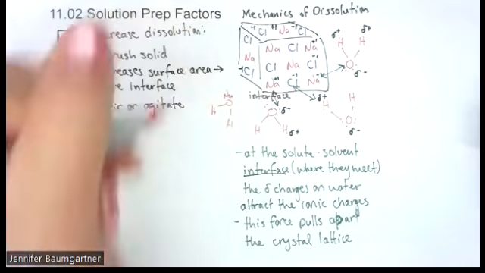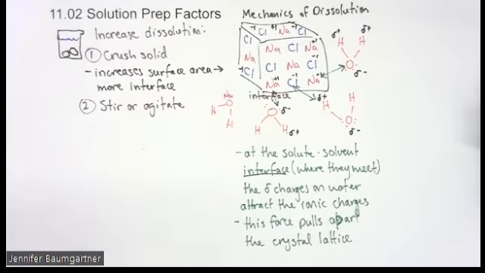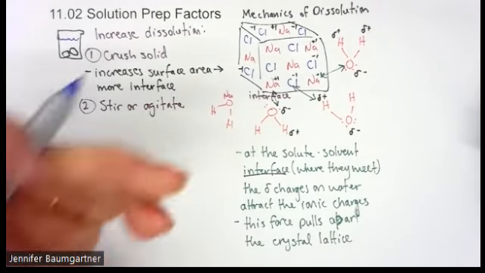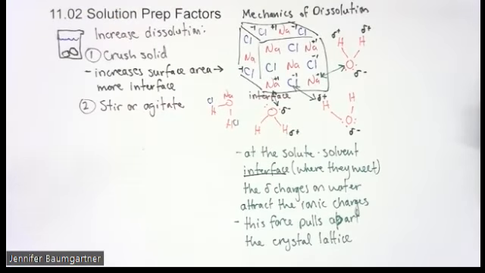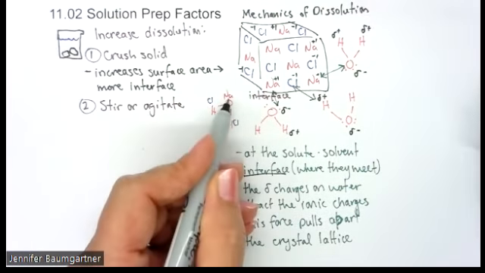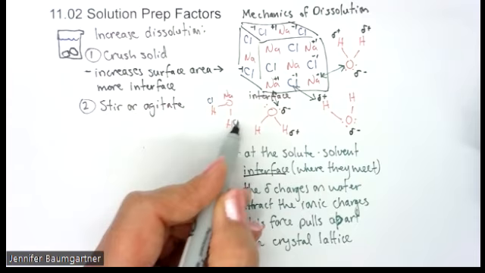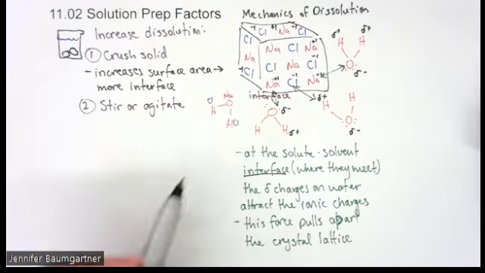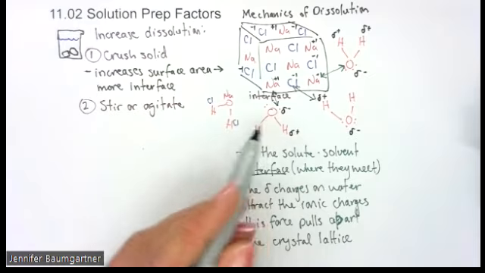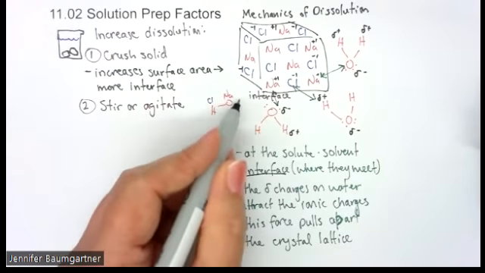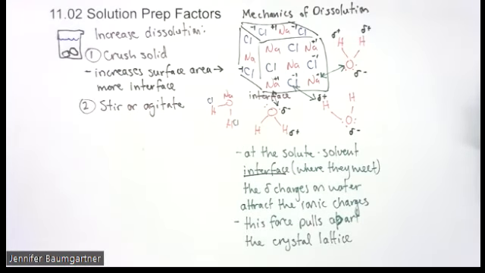So I'm going to have a sodium attached here, and a chlorine attached down here. And there's no more pull, because this positive and negative are used up here, and this positive and negative are used up here. So when we stir or agitate, we're bringing fresh solute into the interface that doesn't have atoms or ions bound to it.